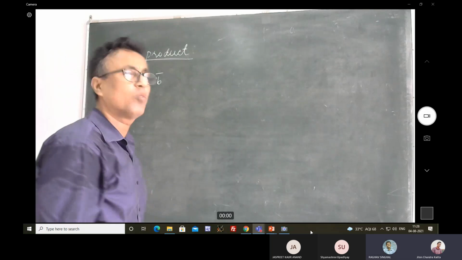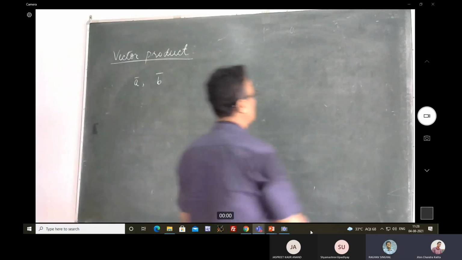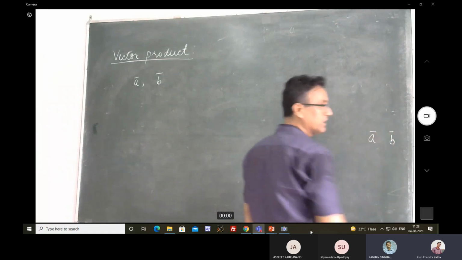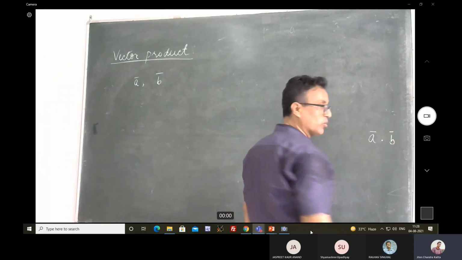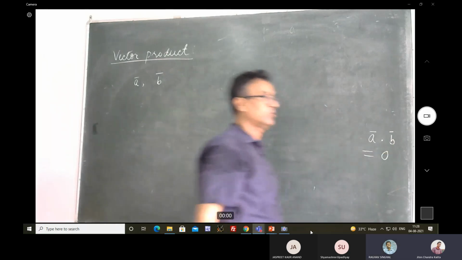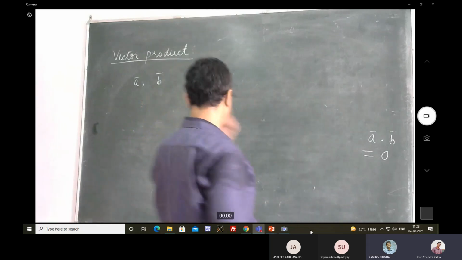Now, let me again go back to your scalar product or dot product. If you recall, if we consider two vectors A and B, I know that they are orthogonal if and only if their dot product is zero. Is it okay? Yes, sir.